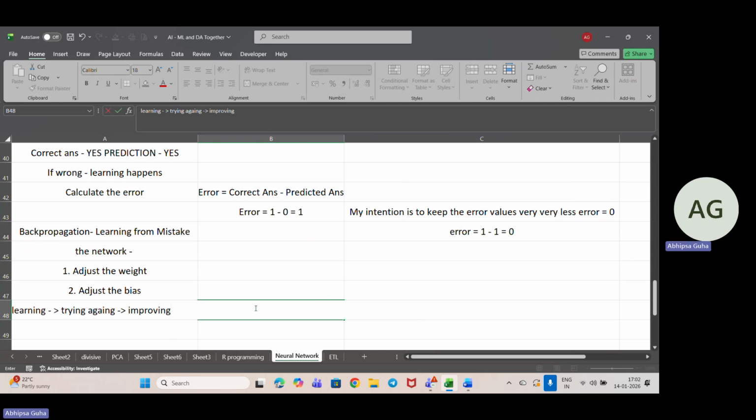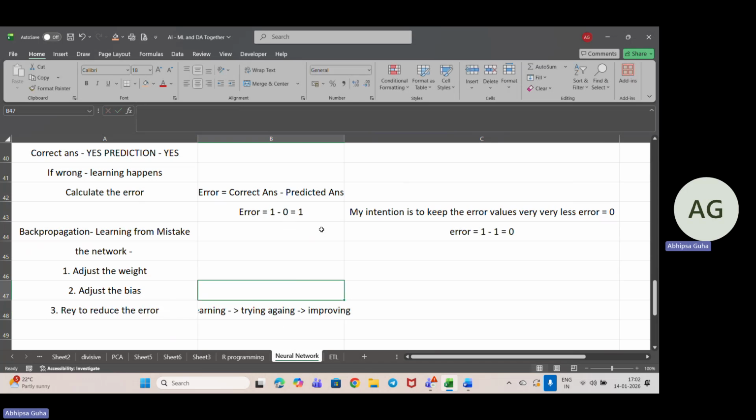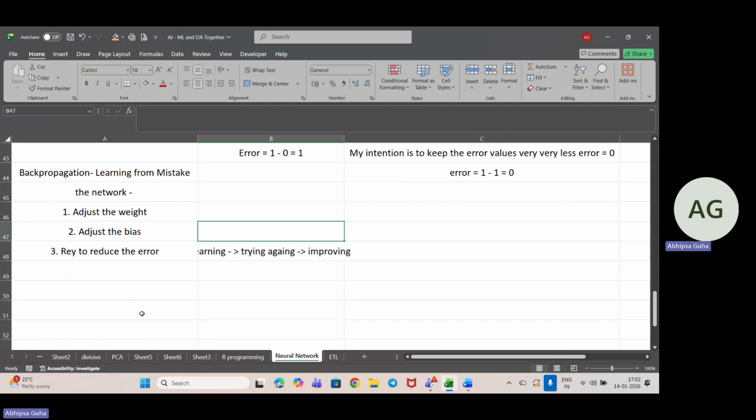The things go on till the point I get my error value as 0 or very, very minimum, right?